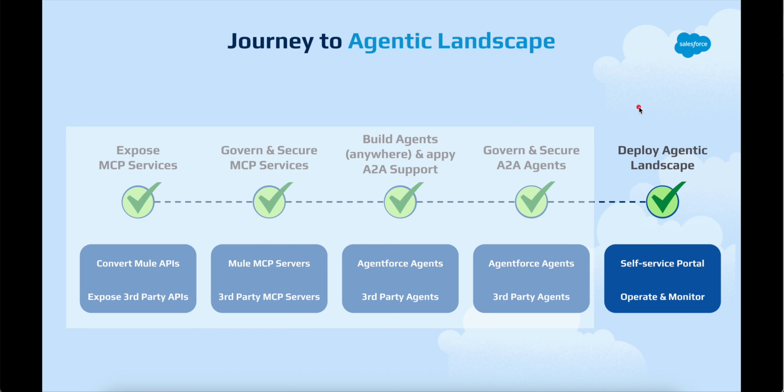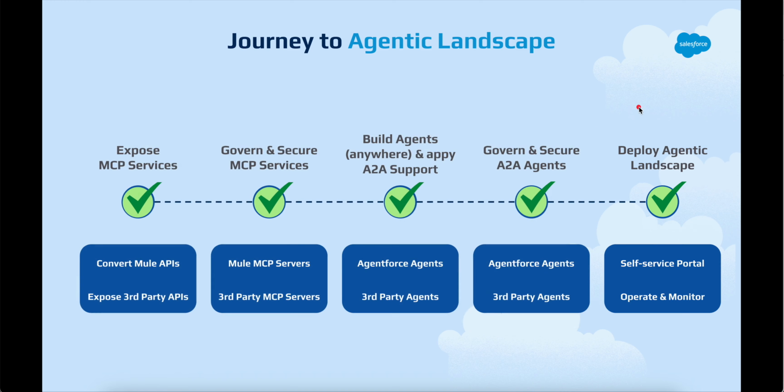And in order to get there, you have this agentic journey, or the journey to the agentic landscape, where you can govern basically anything. Start with the exposure of MCP services, either Mule APIs or any third-party APIs. Govern these MCP services which you have built and produced with MuleSoft, or you can even govern external MCP servers, as we have seen here with GitHub. You can build your agents anywhere, apply A2A support, Agentforce agents, third-party agents.